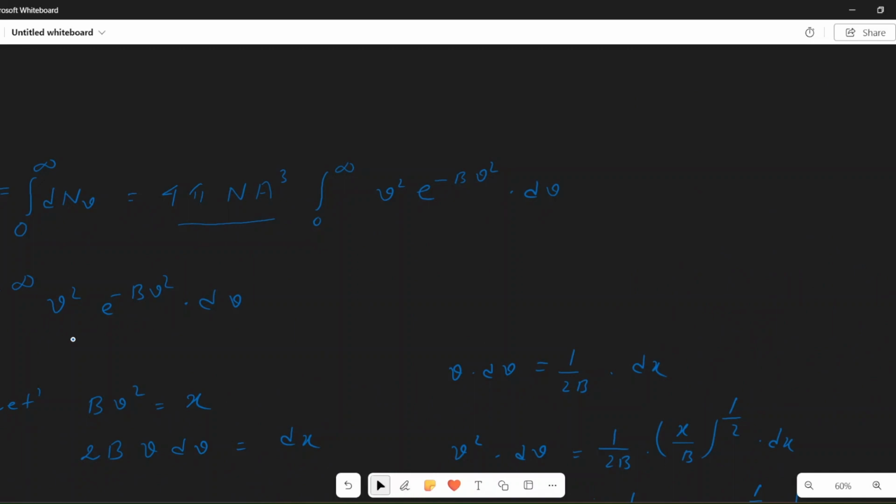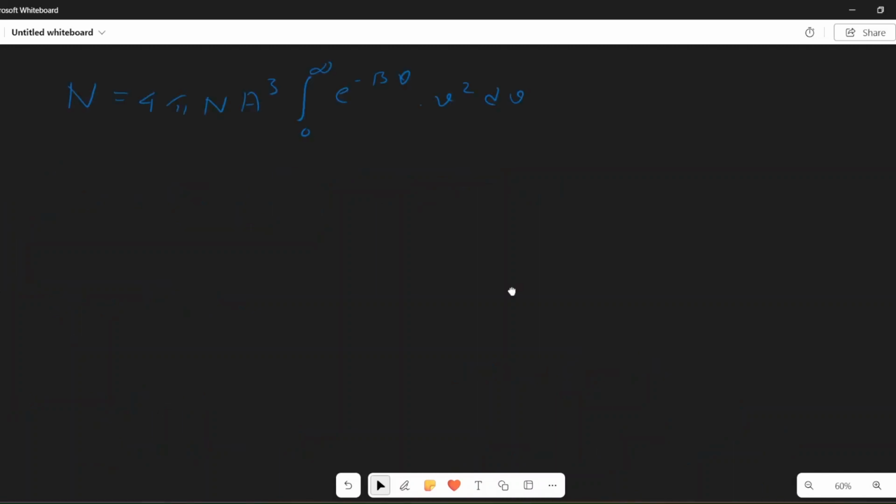Now let's write down in the page and come back with this. Till now we have this. Now one more thing: we already found that 4 pi n a cube is that.